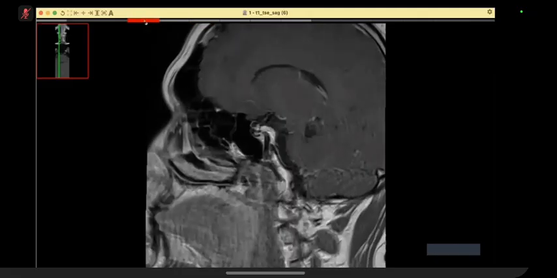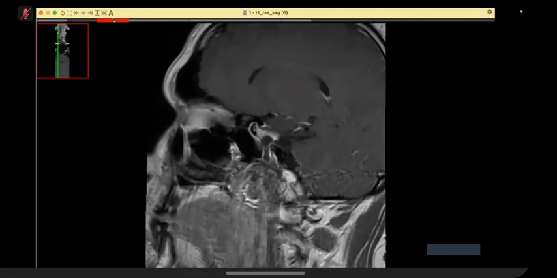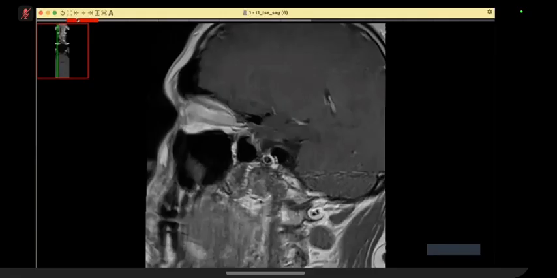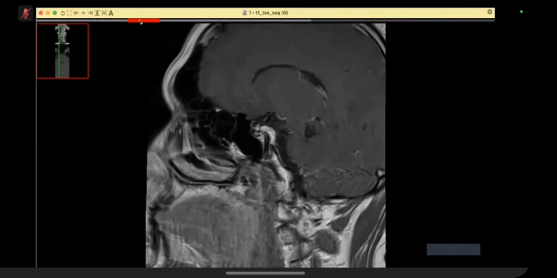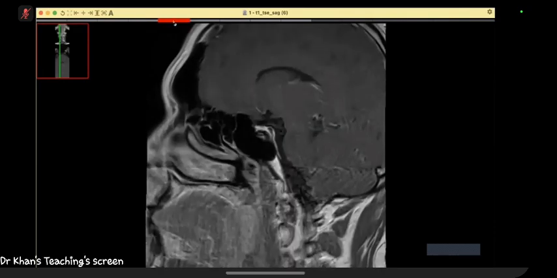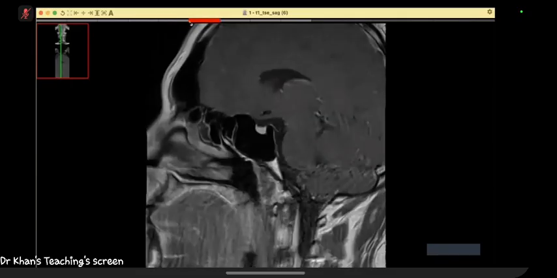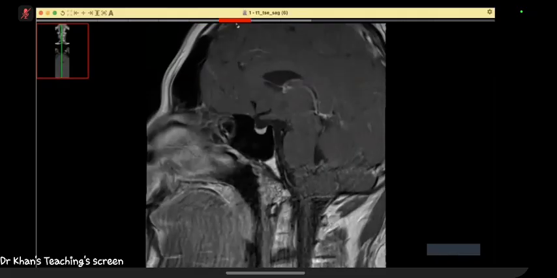I'm looking at the brain parenchyma for any obvious abnormality, and then going to the midline to see the pituitary in this patient who presented with polyuria. The pituitary, within the pituitary fossa, appears normal in this sequence.